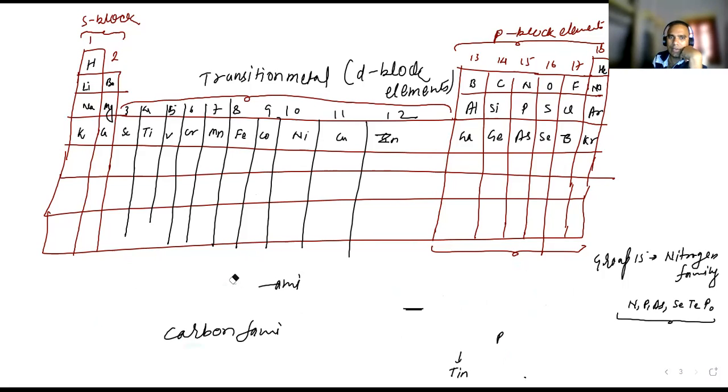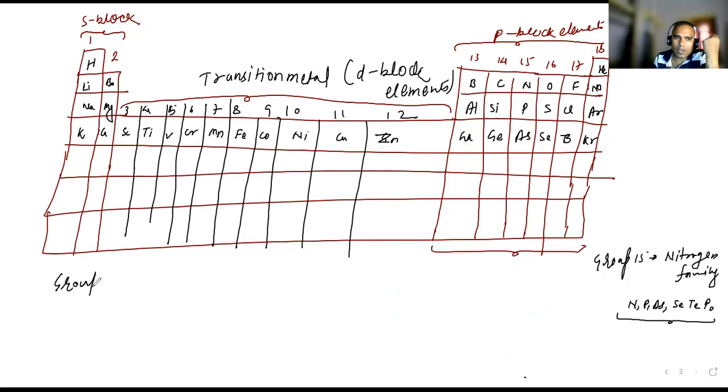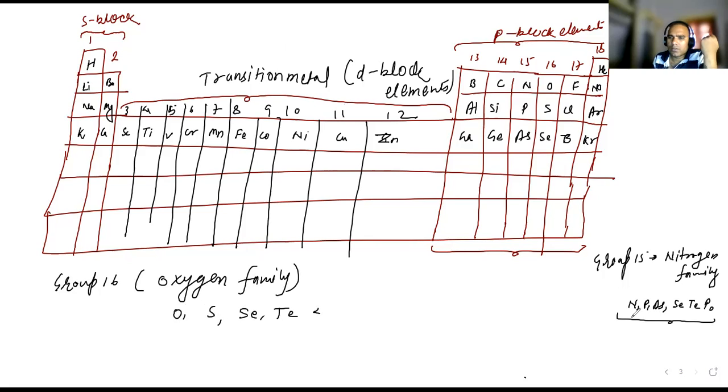I will tell you some points. If you talk about group number 16, that is called the oxygen family: oxygen, sulfur, selenium, tellurium, and polonium. A little bit of mistakes I did here.